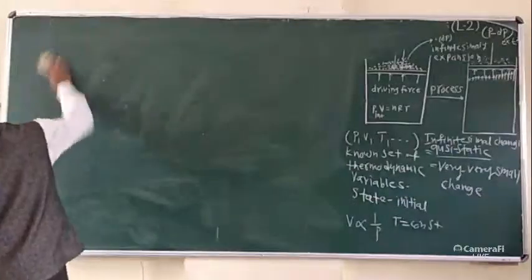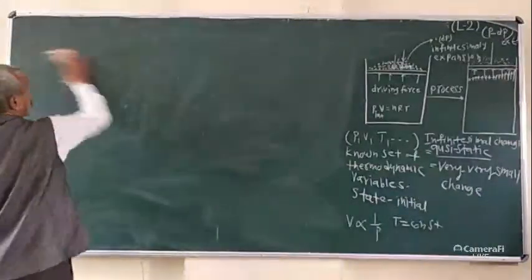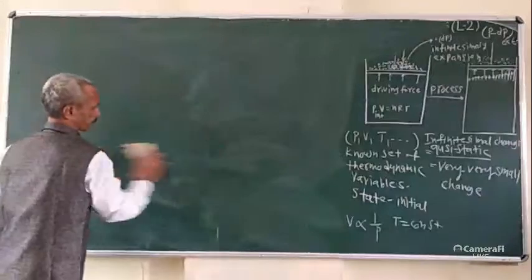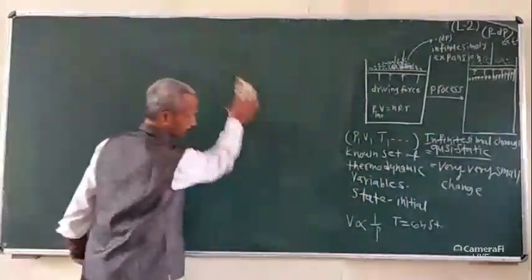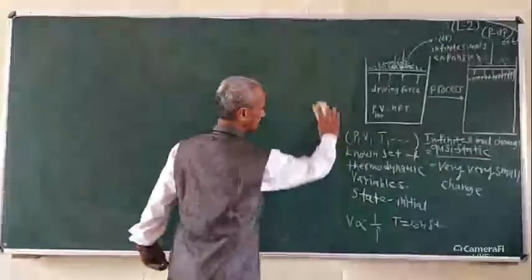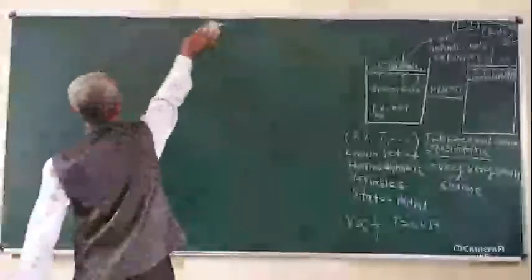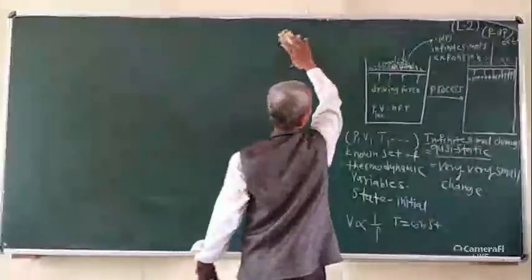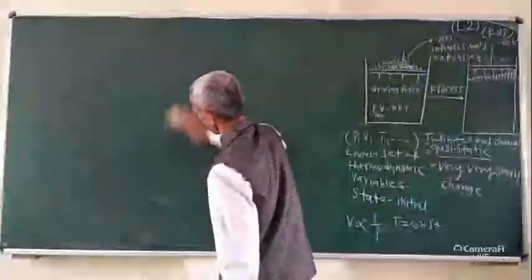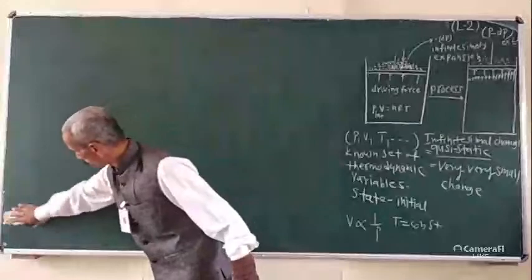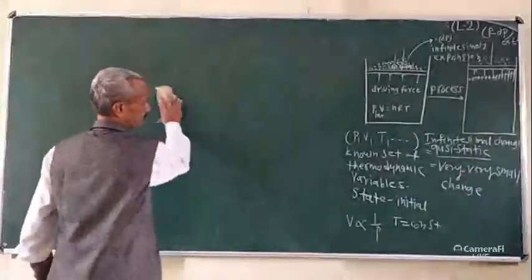Dear friends, as discussed, the reversible processes are artificial ones because you have to arrange the external conditions, that is, the opposite force. There is a very small change in a system.